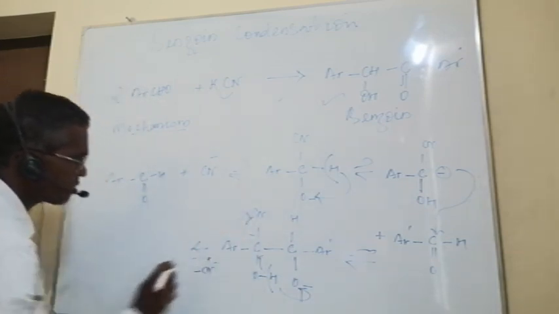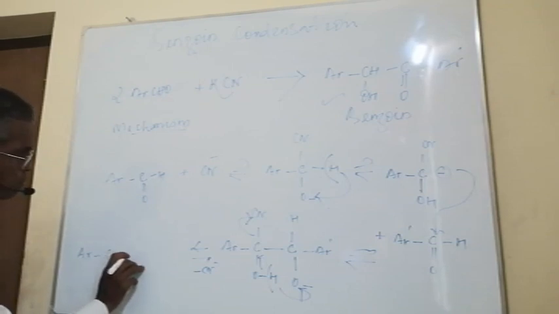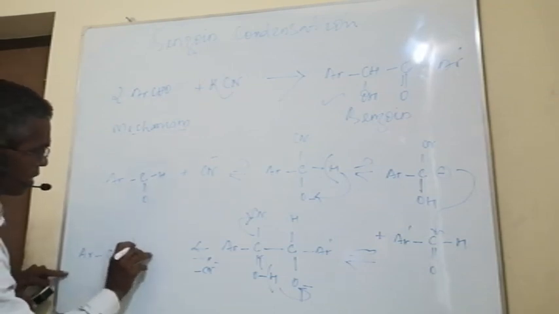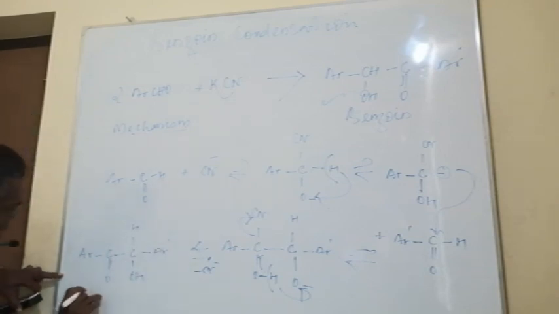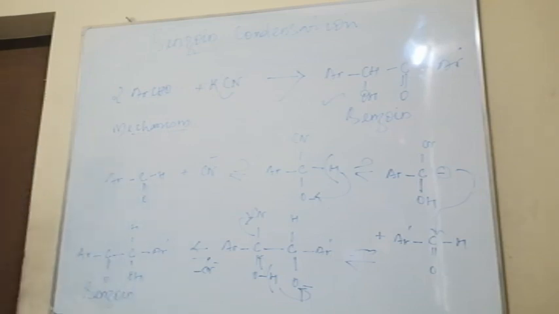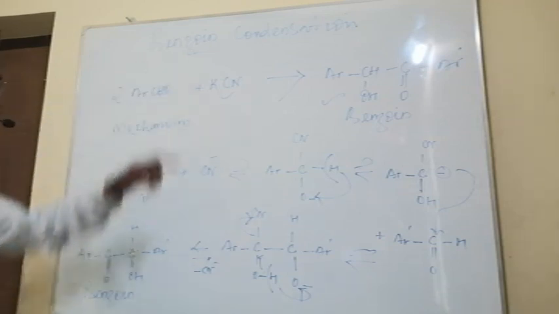The product then is C double bond O, C, O, H, H, Ar dash. This is your benzoin. So benzoin is formed finally. This is a mechanism that explains how benzoin is formed in this addition, that is, condensation reaction.